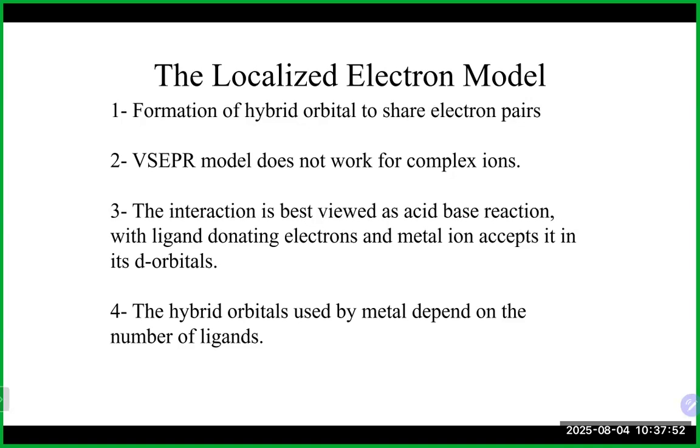Now, because of these complex ions and because of the ligands that are attached, the electrons in those transition metals, based on the geometry, get distributed differently depending on the ligands that are present. Now, the formation of hybrid orbitals to share electrons: if you remember hybrid orbitals, we have sp, sp2, sp3, sp3d, sp3d2, a little expanded octet.